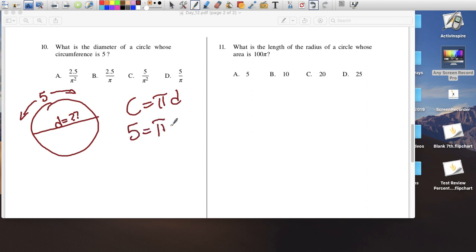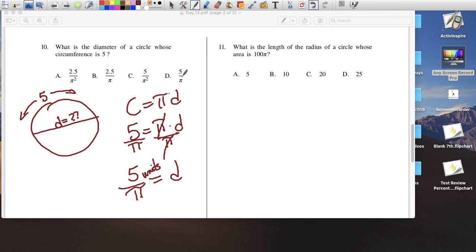Pi, we're going to leave it at that, and we're looking for the diameter, right? So I want to find the diameter. Let's divide this by pi and divide this by pi. These two cross out, leaving me with d. And on the other side, 5 divided by pi. I could divide it, but it doesn't look like my multiple choice answers divided it, so I'm going to leave it like this. 5 over pi units.